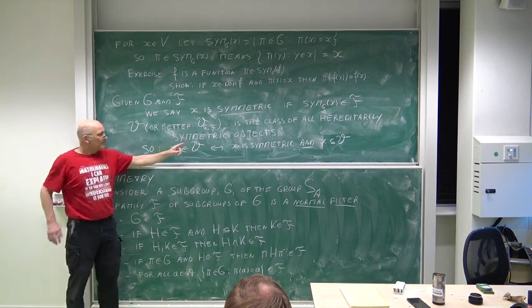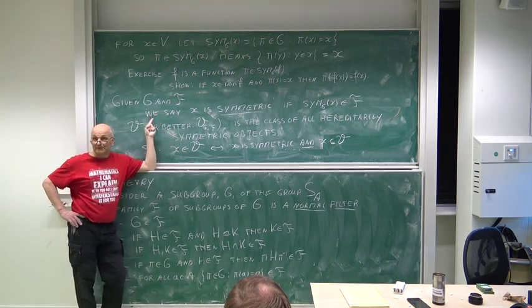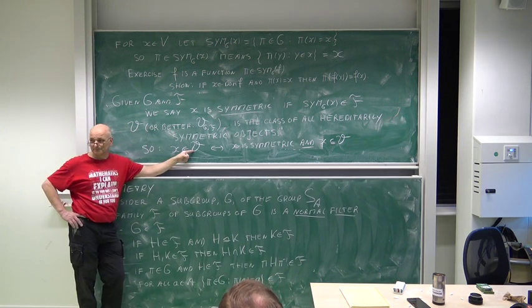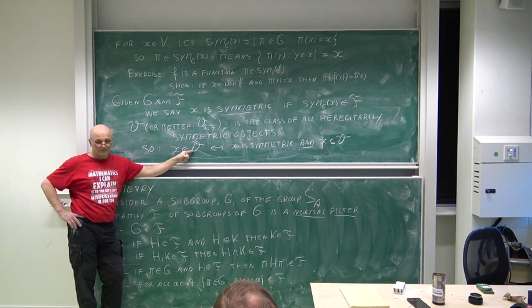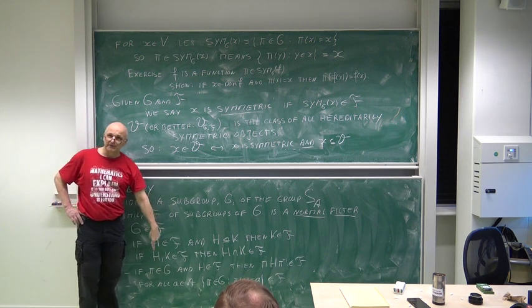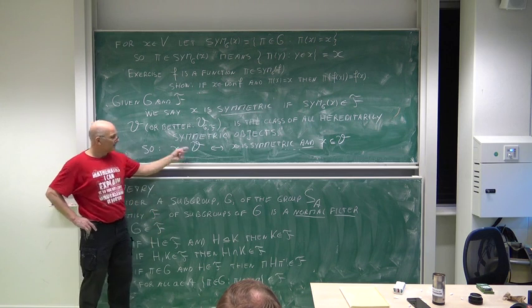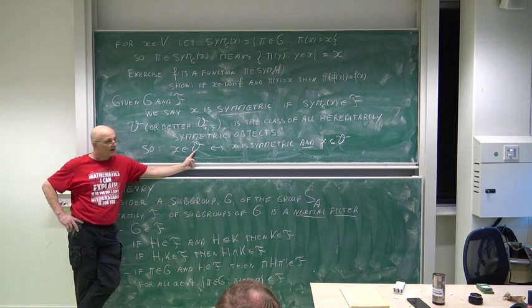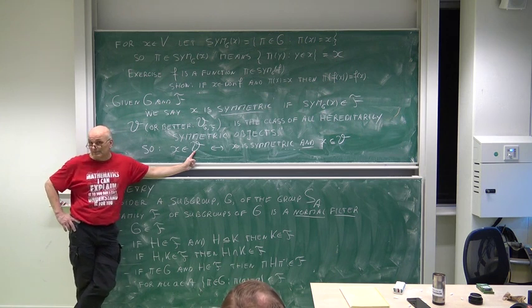Well, the members of A are symmetric by definition, so they are in this class V. One of the reasons for this very last line is to make sure that the atoms are in the model. And of course, A is a member of the model.